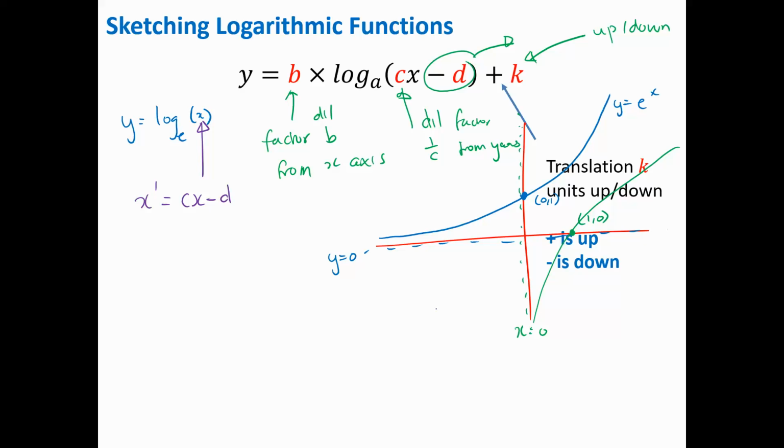So if you rearrange that, x dash plus d over c is equal to x. Okay, and you can now see if you split that fraction up, that's what you're doing. And you can see that's why it's moving by an amount, and it's a dilation factor of 1 on c. Okay, dilation factor of 1 on c plus d on c. That's why it's not just d.